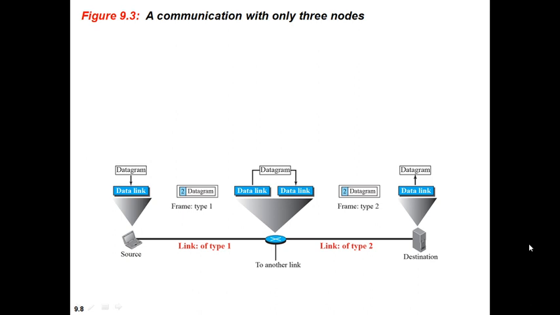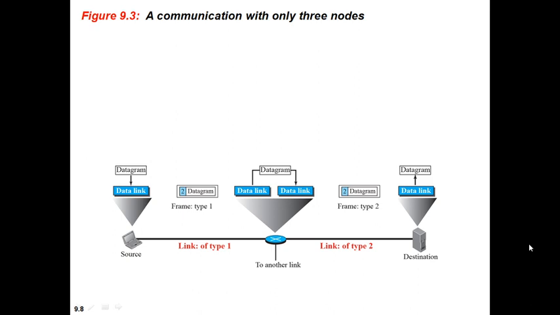The traveler needs to get into a taxi at the source node, get out of the taxi and get into a train at the first intermediate node, get out of the train and get into another taxi at the second intermediate node, and finally get out of the taxi when they arrive at the destination. A kind of encapsulation occurs at the source node, encapsulation and decapsulation occur at the intermediate nodes, and decapsulation occurs at the destination node.